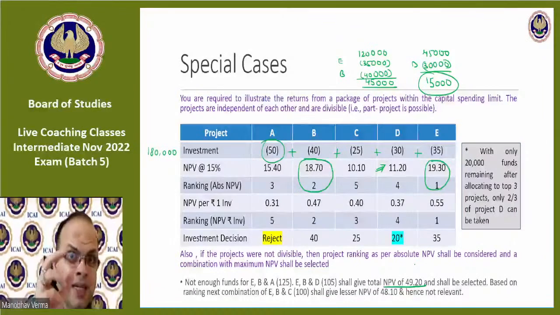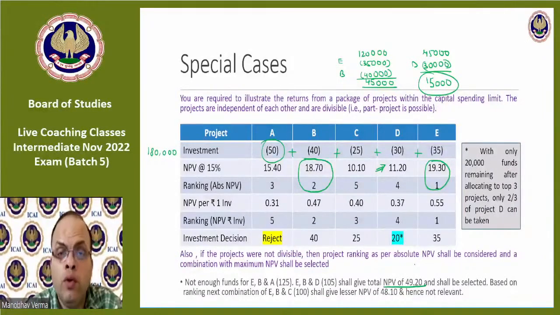But what you have to see is whether combining the NPV of 2, 3, 4 is better than any other combination or not. What I'm trying to say is an important message. When we are talking about multiple projects, it may not necessarily be that the best project itself will be part of the maximum NPV. I hope that makes sense, because you need to see that combination which will maximize the NPV here.